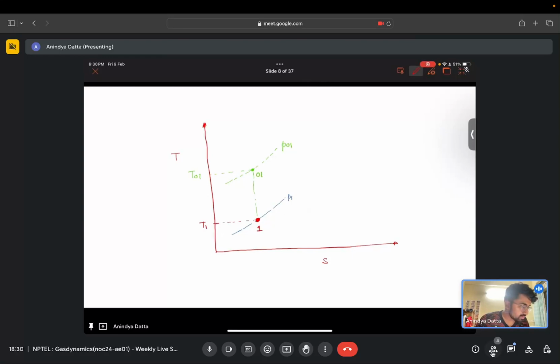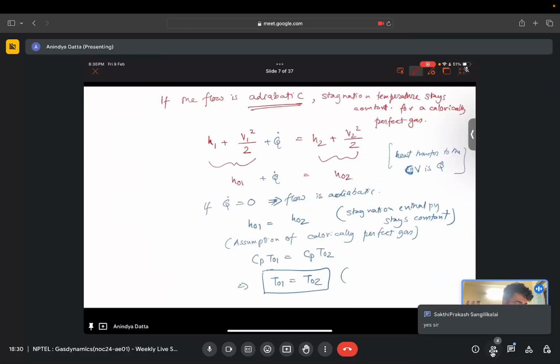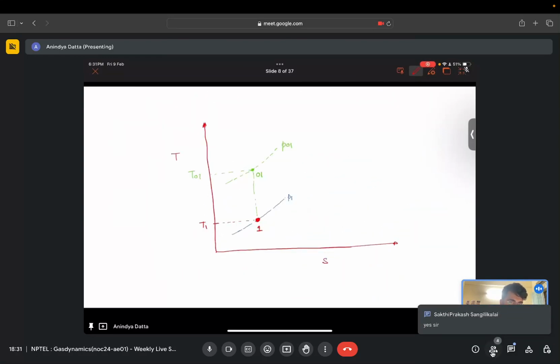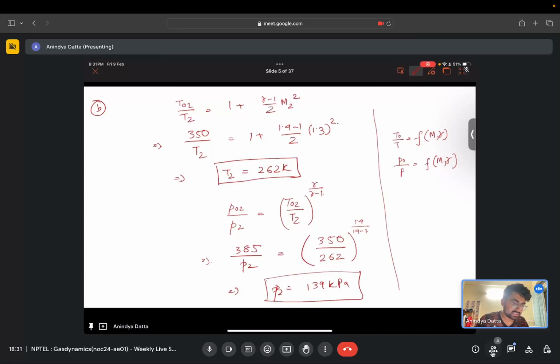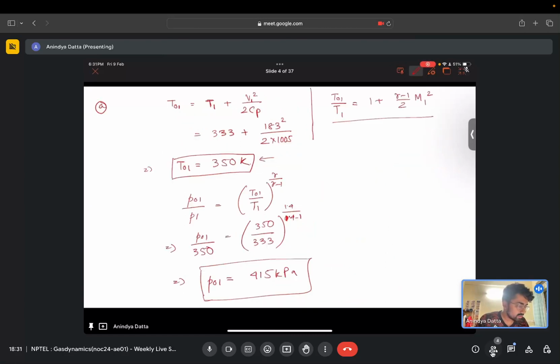For state point 2, we know there is an increase in entropy. We have seen that the entropy increases between state point 1 and state point 2, so obviously state point 2 will lie on the right of state point 1. One more thing: let's see the static temperature values.